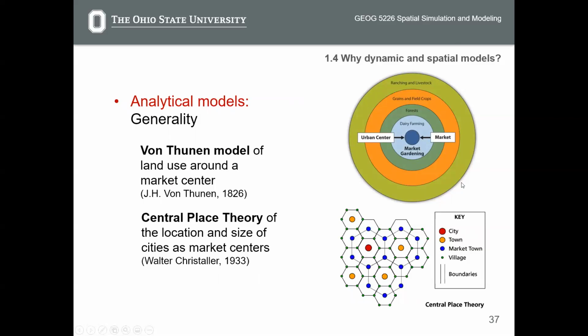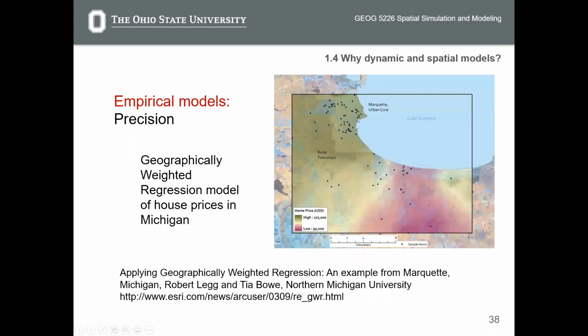Analytical models usually should be able to be applied to any location. For empirical models, or statistical models, a very typical example is GWR, the geographically weighted regression model. For example, here is a figure from a research applying geographically weighted regression to house prices in Michigan. And what is GWR?